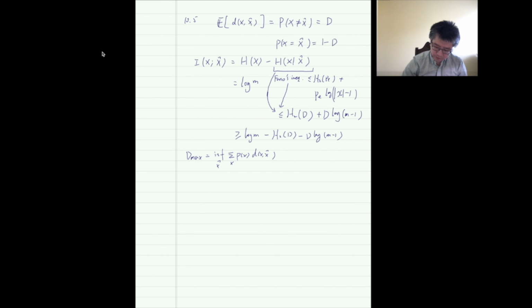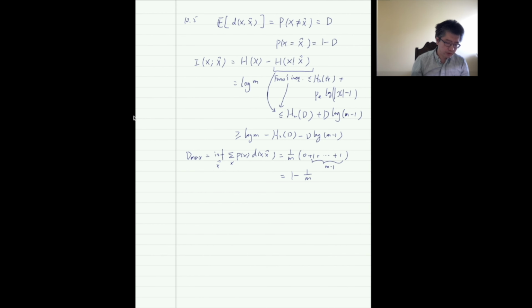And d(x, x hat) is completely symmetric, so this will equal 1 over M times 0 plus 1. That will be equal for all x hat, right? Therefore, this equals 1 minus 1 over M, because we have M minus 1 ones here, okay?